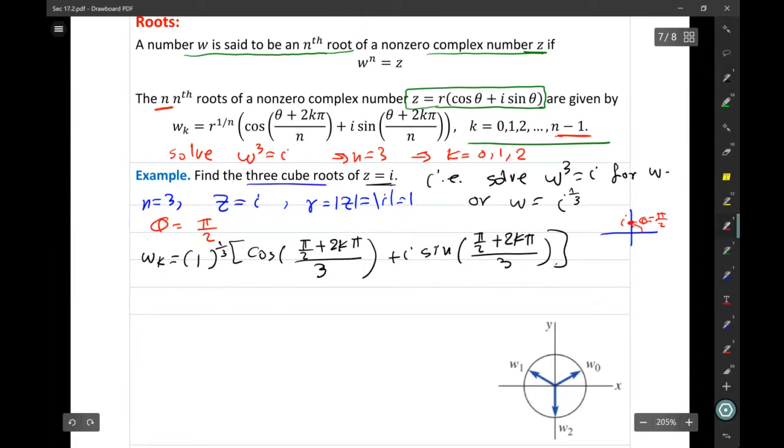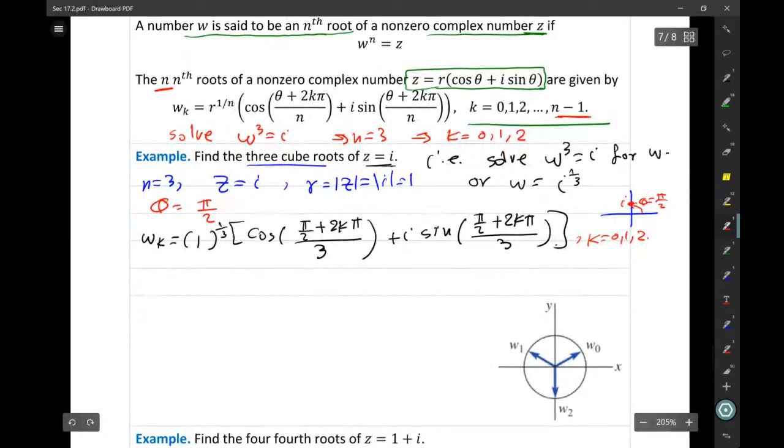But now I have to take different values of k. k should be 0, 1, 2.